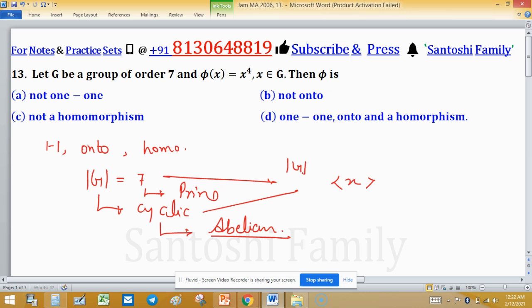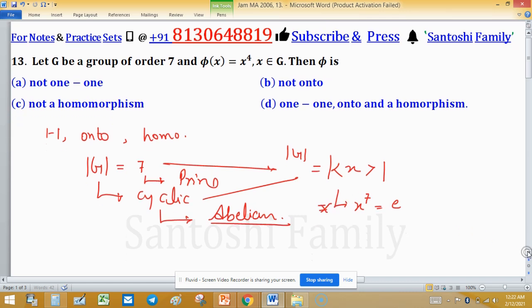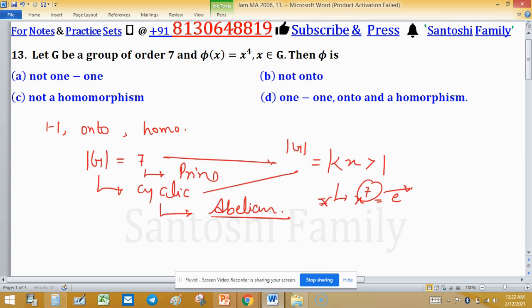So the order of G will equal the order of its generator, and the generator gives x raised to the power 7 equal to E. This is the property of a generator, and this is the least positive integral power when we get E.